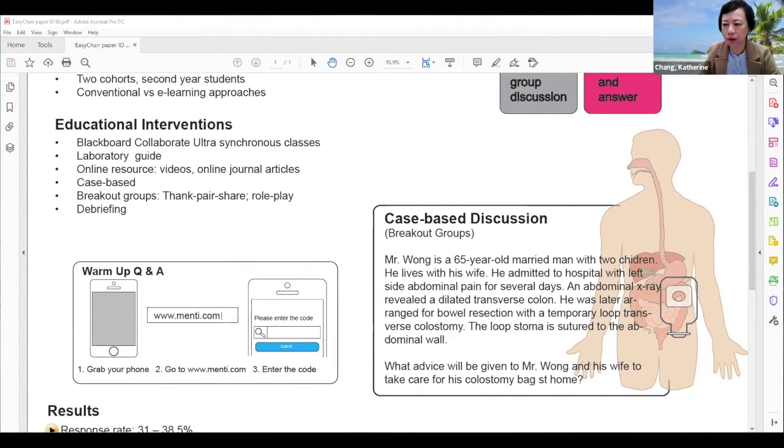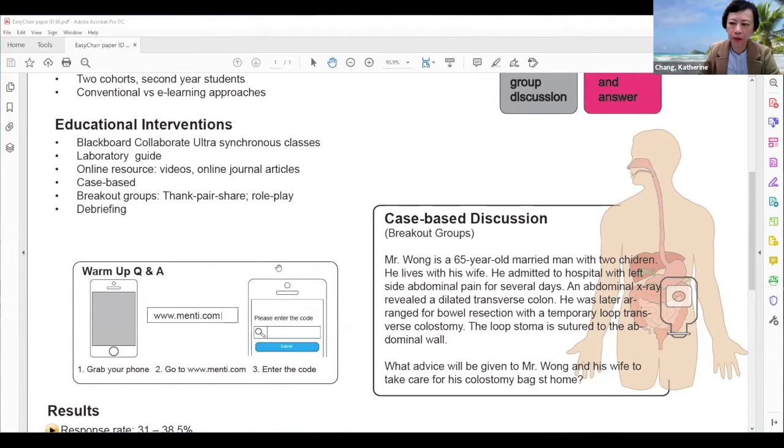They were encouraged to practice and role play with their group partners and practice nurse-client interactions during the breakout sessions. The debriefing was conducted so that students could review and reflect on their actions during the scenarios at the end of the sessions.